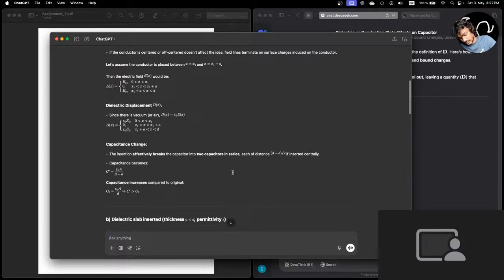Capacitance C dash equals epsilon 0 A by d minus a, which is higher than C0, which is epsilon 0 A by d.